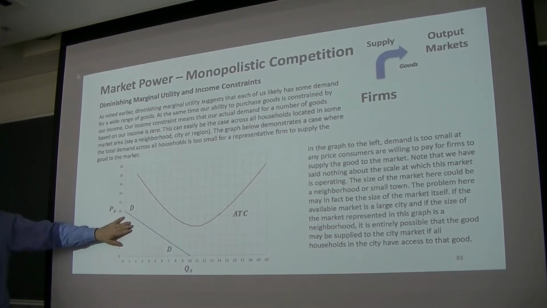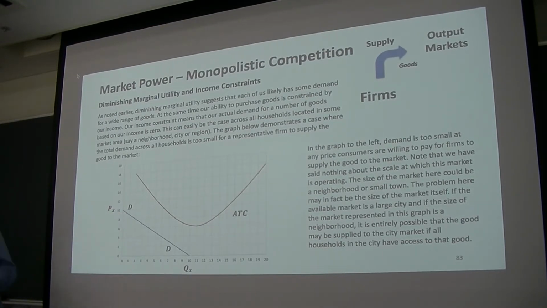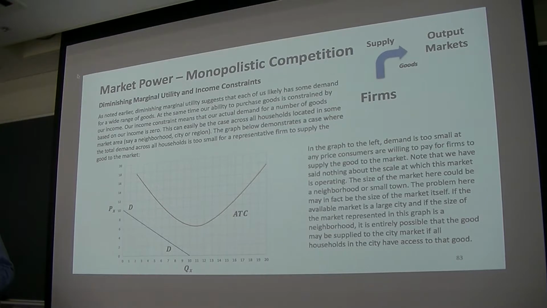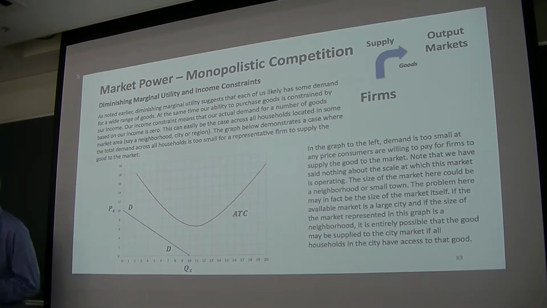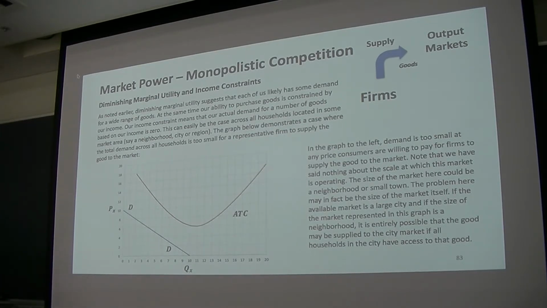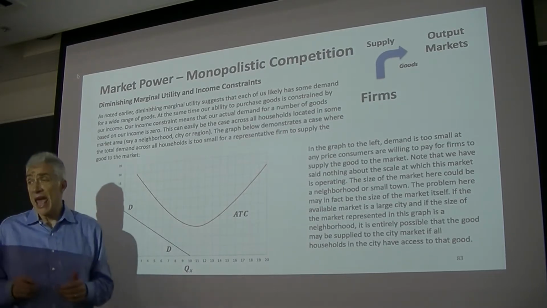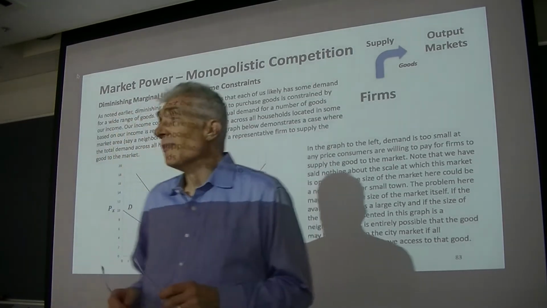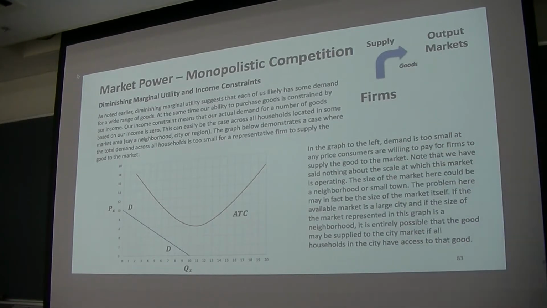Diminishing marginal utility says each one of us likely has some demand. But our income constraint means that our actual demand for a number of goods, based on our income, is zero. Even if I wanted a 5 million yen handbag, even if I really, really wanted it bad, I can't afford it.